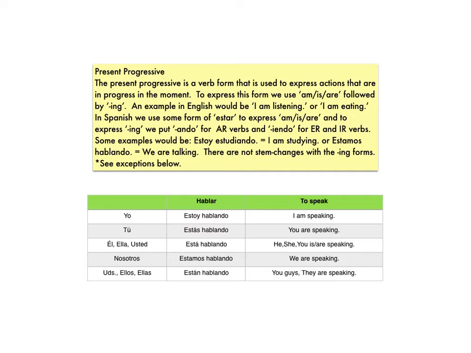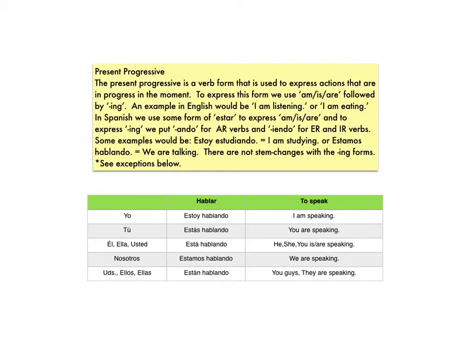So, whereas before we were taking off the AR, ER, and IR and putting either an O or an AS or an AMOS, making all those verb conjugations, in order to do the ing ending, we just take off that AR, and instead of putting one of those verb endings that we've already learned, we just put ando. If it's an ER or an IR verb, we take that ER or IR off and put yendo.